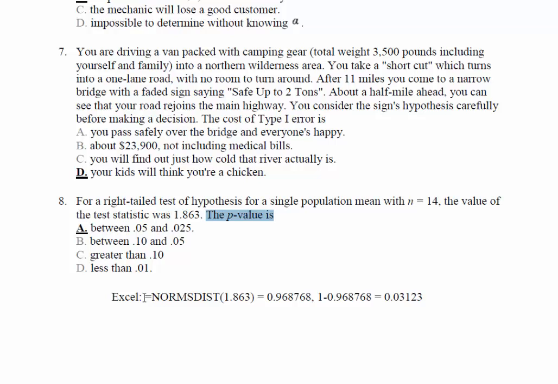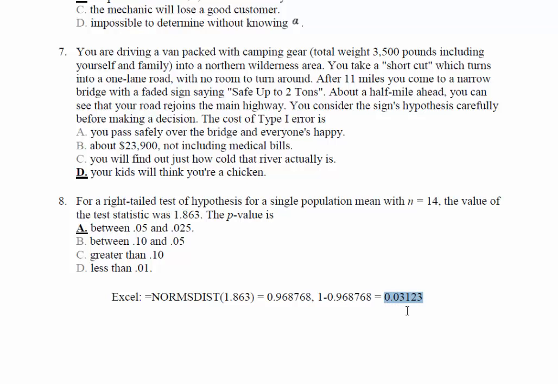In any cell in an Excel spreadsheet, you can just type in equals NORM.S.DIST of 1.863. That'll give you the probability of 0.96876. 1 minus that will give you 0.03123.